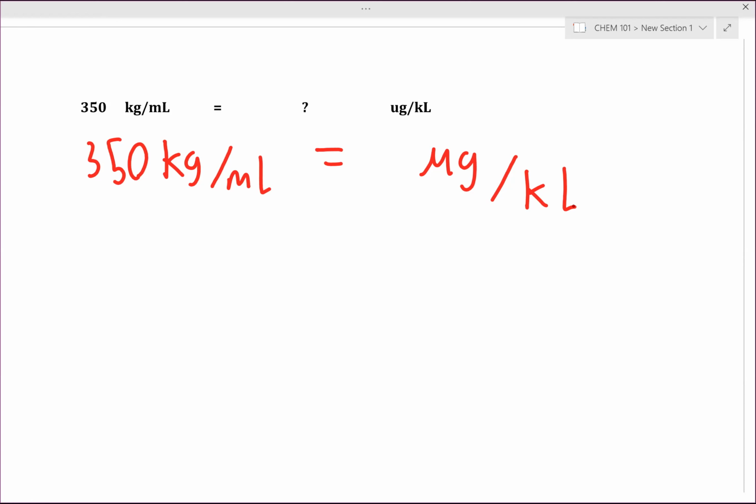Any questions? Yes. Yep, it's going to be quite a large number. Yeah, that's right. Any questions? Try looking at each of them individually, just like you do it.